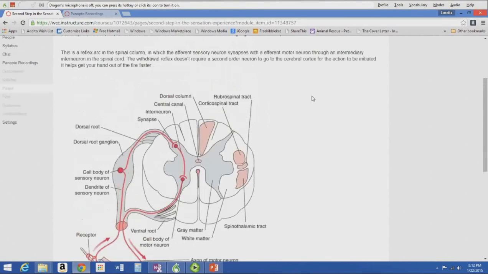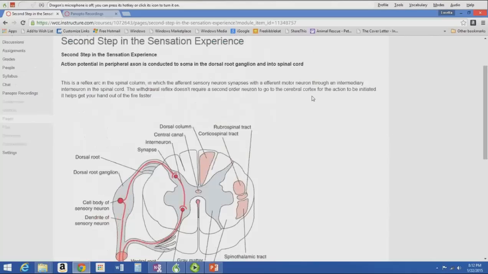In this picture, this is a spinal reflex arc, so the information doesn't actually get to the brain. It's all processed in the spinal cord. So the afferent sensory neuron synapses with an efferent motor neuron through an intermediary interneuron in the spinal cord.